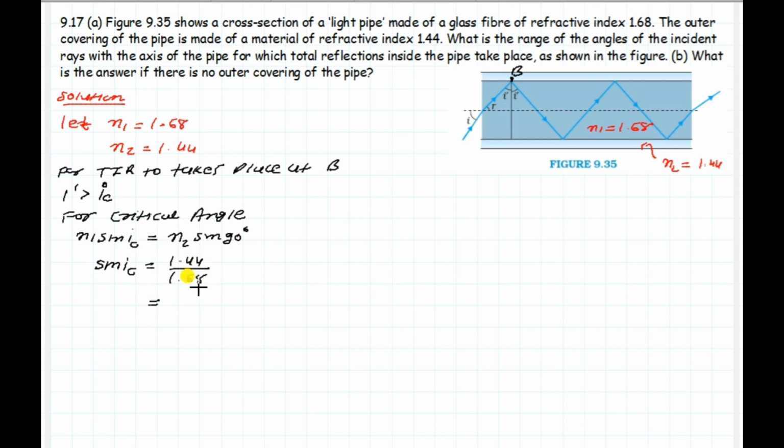On solving this, you will get 0.8571, that is sine IC. So IC is sine inverse 0.8571, which is 59 degrees. So IC is 59 degrees. Total internal reflection would take place if I dash at point B, which is the angle of incidence, is greater than 59 degrees.